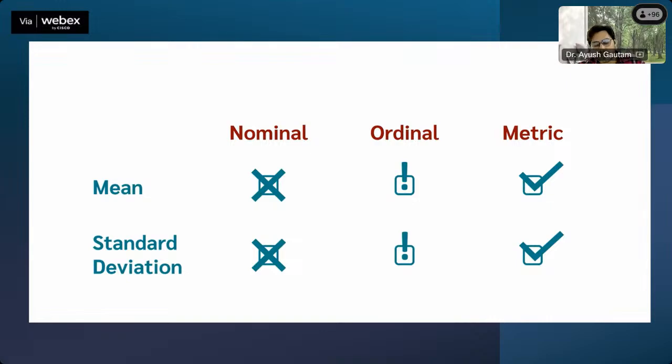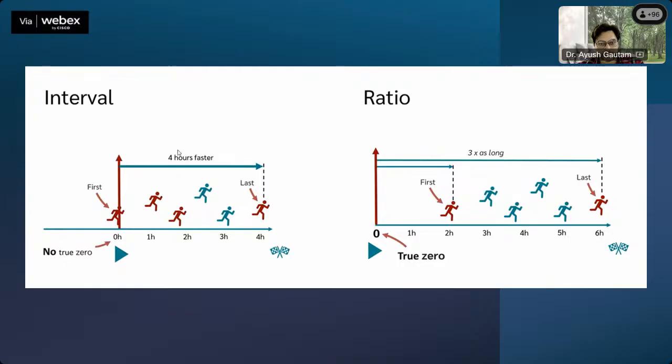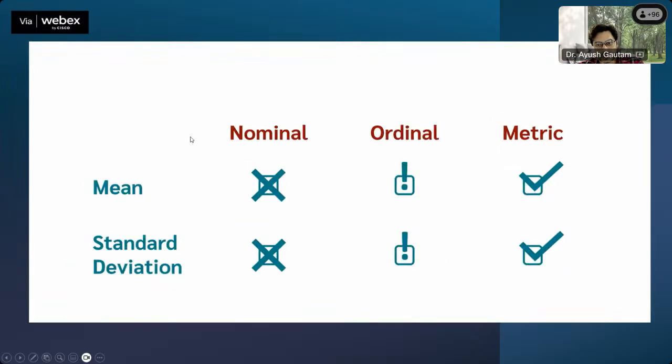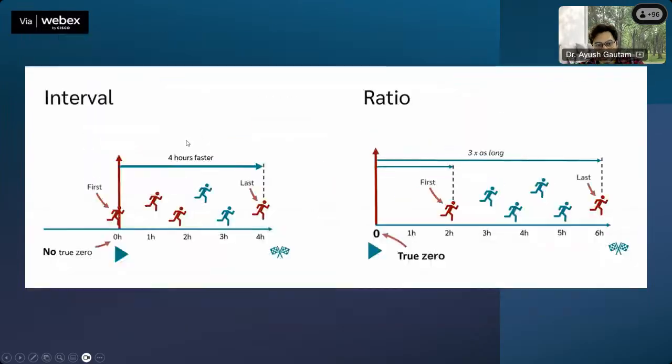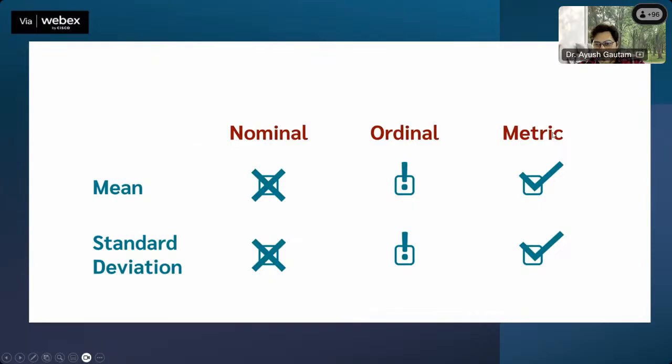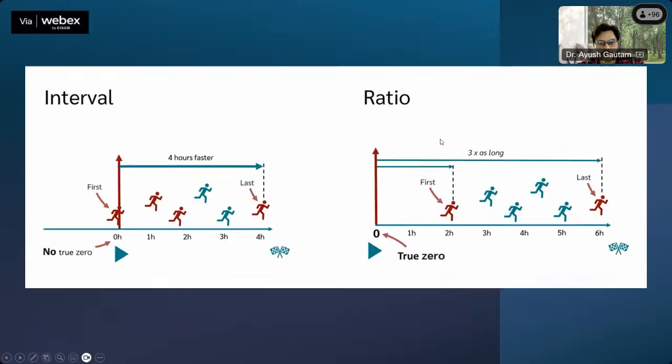If the data given is nominal data, then yes, mean cannot be calculated. So now why is it required? Metric data is further divided into two types: interval data and ratio data. Now, does anyone know the difference between interval and ratio data? What are the differences between interval data and ratio data? Or if you can, by looking at the slides, tell me.